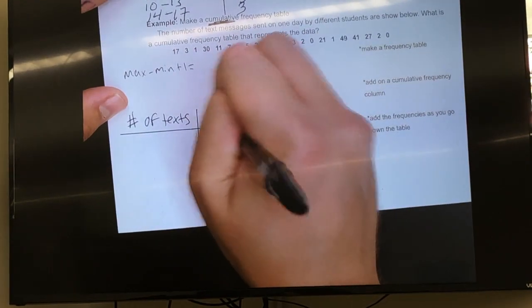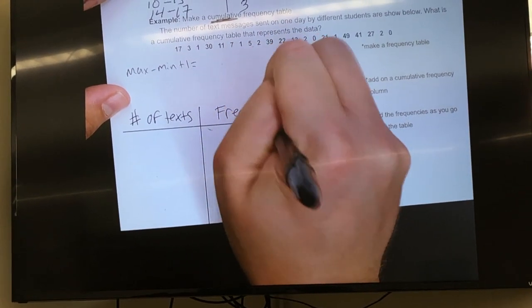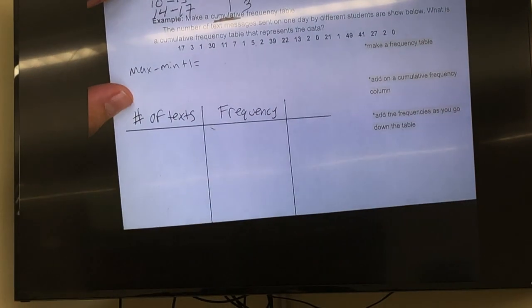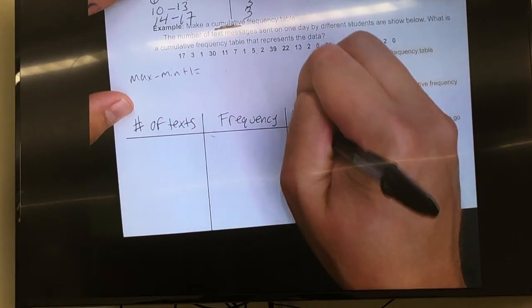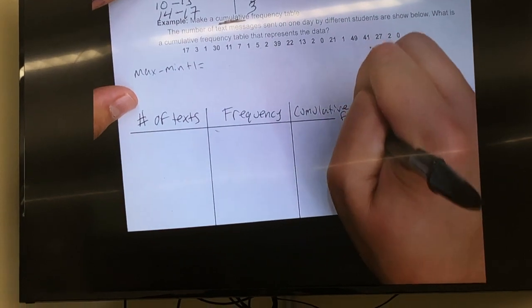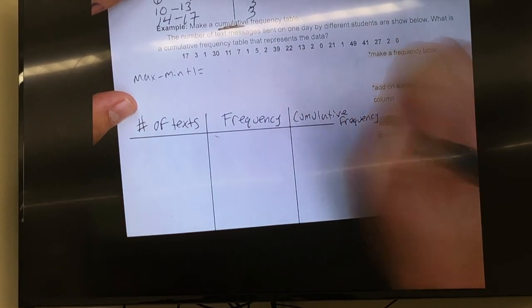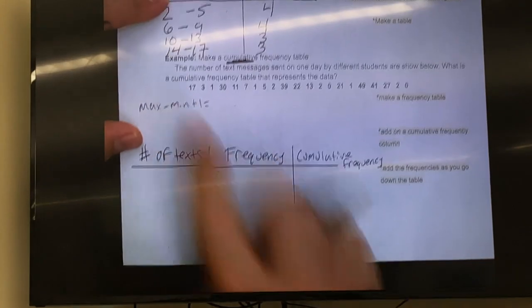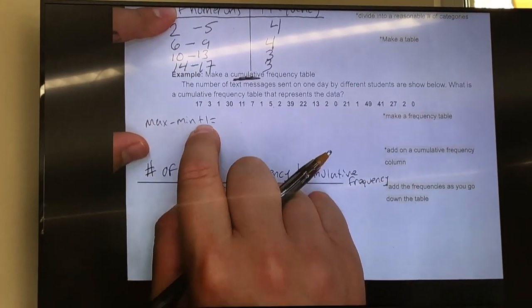We are going to have our frequency, so counting up the ones that fall in the categories, and then our last one will say cumulative frequency. Okay, so again, we are starting with our max minus our min plus 1.